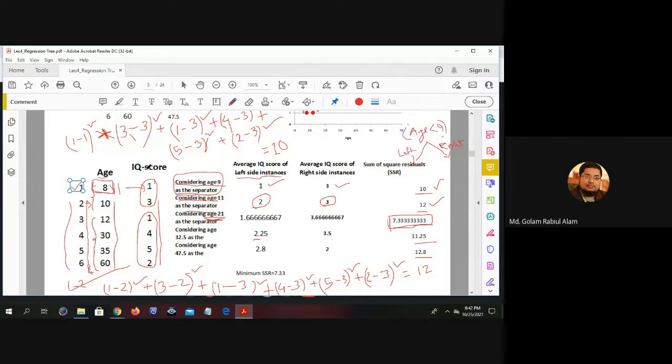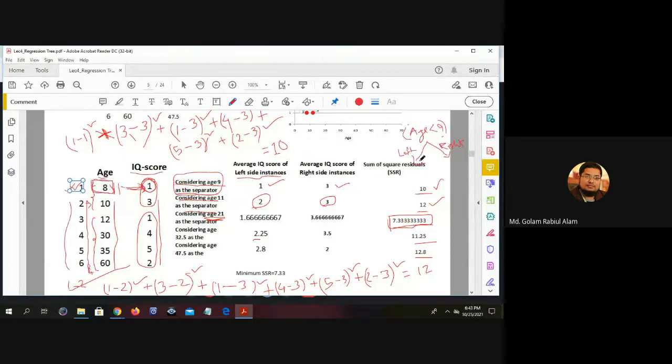Now what we have to do, we have to look to the IQ score of the corresponding observation or the corresponding person. Here we can see that the A8 is observation of this person with IQ score 1. So that means there is just only one observation, that is 8, and for that person, IQ score is 1.